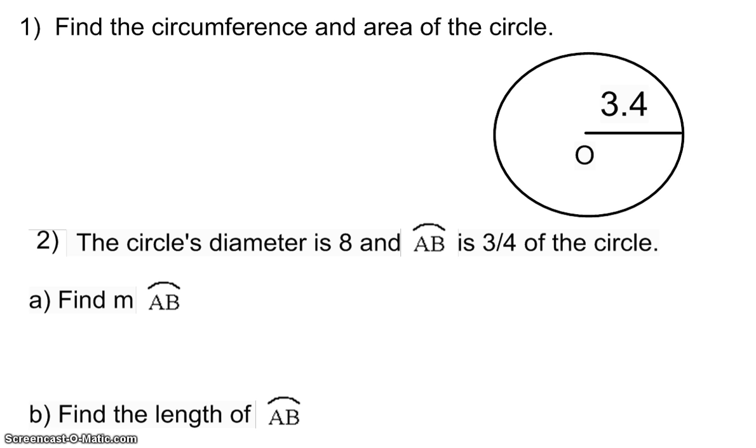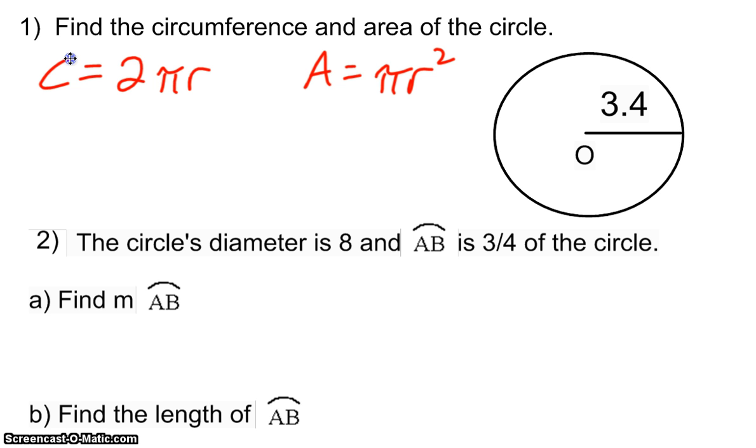So how do we incorporate that into some examples? The first example, find the circumference and the area of the circle. So we need to remember our formulas. And in this case, we are given the radius, so we're just going to plug the radius into our formulas.